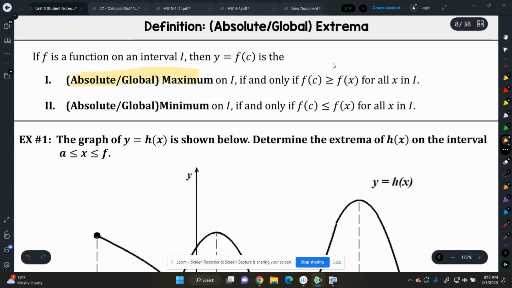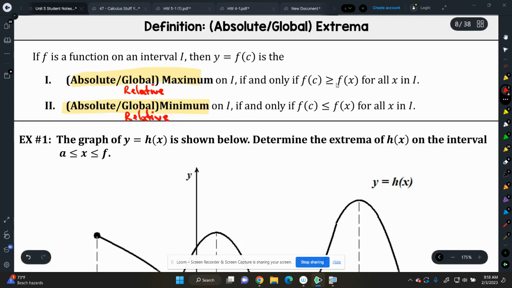One of the things that we really didn't touch on a whole lot was the difference between the absolute or global maximum and the absolute or global minimum. Now, the term global is often referred to as relative. Sometimes you'll hear it as relative, all right?